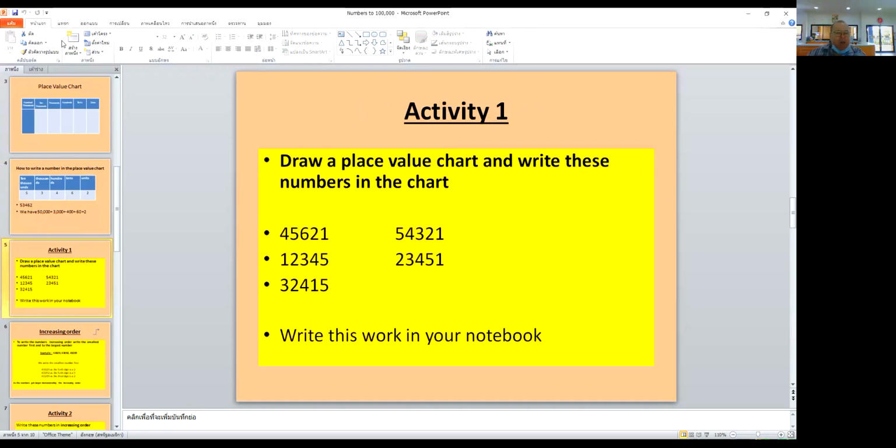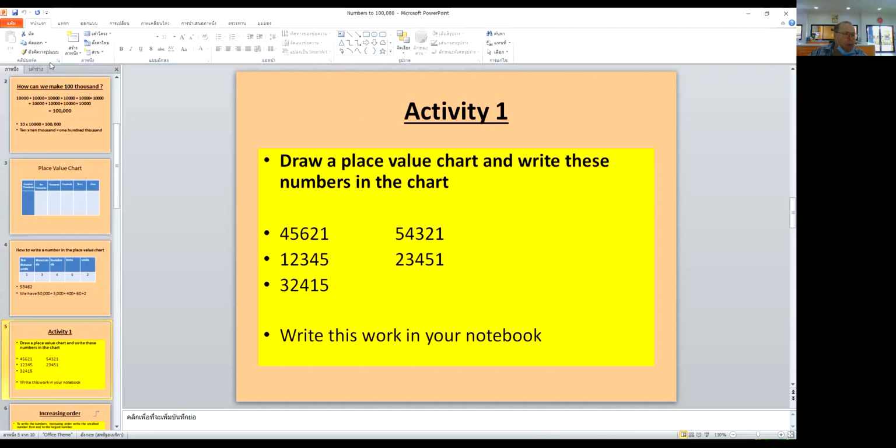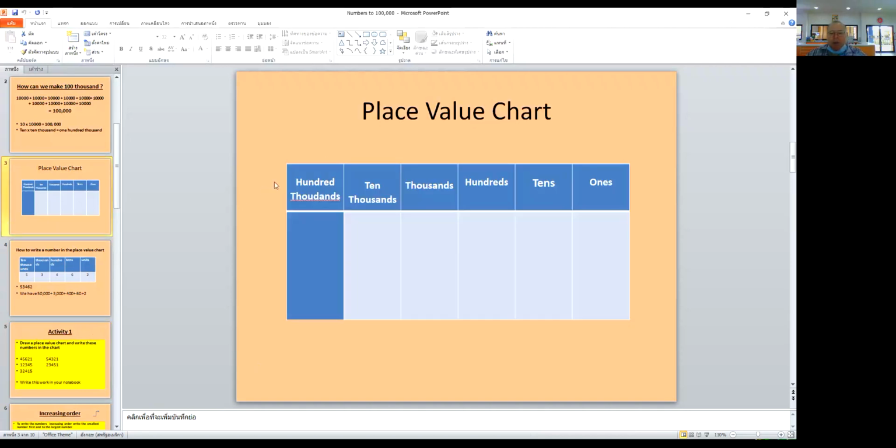So 1, 2, 3, 4, 5. We only need up to 10,000 when you're drawing the place value chart.